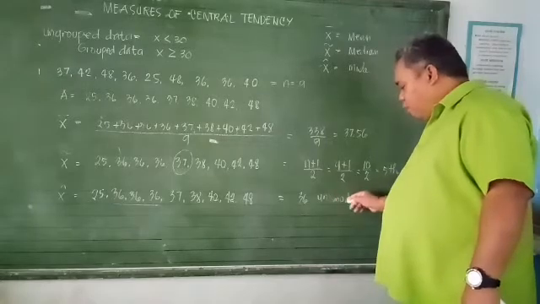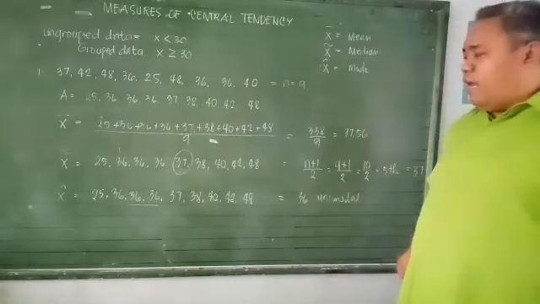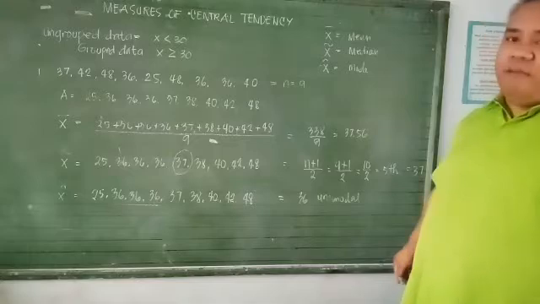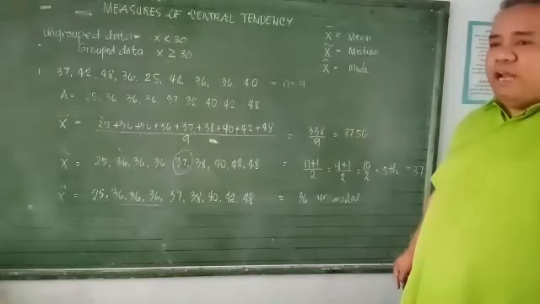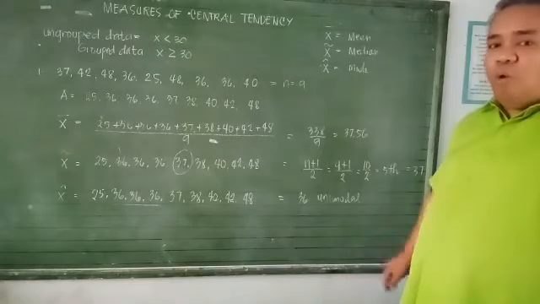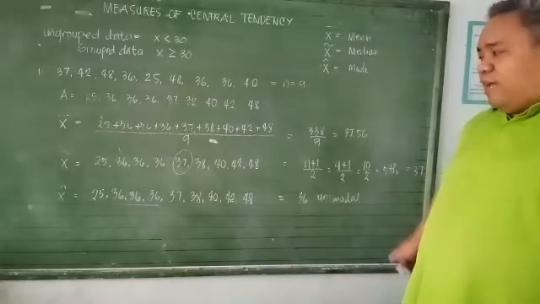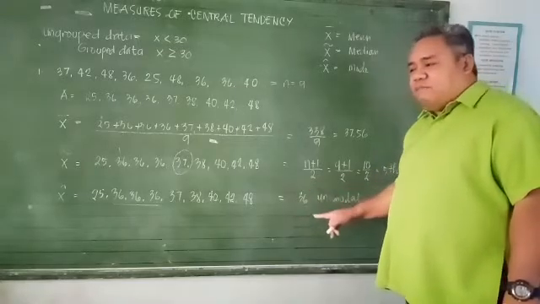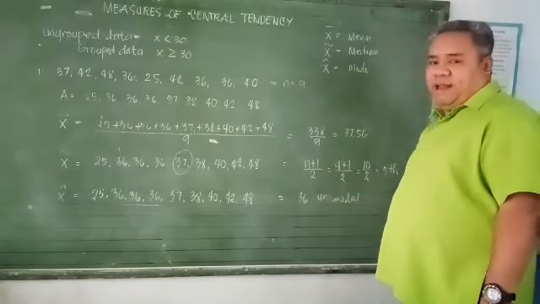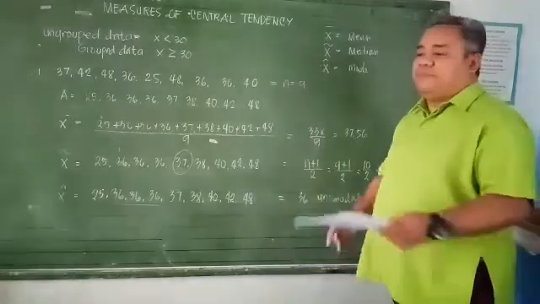What if tatlo rin yung 37? Kapag tatlo rin yung 37, tatlo rin yung 36, ang tawag dun ay bimodal, which is equal sila parehong tatlo yung kanilang number dyan. But in this case, 36 lang yung pinakamarami dyan. So your mode is 36 and classified as unimodal. Okay?